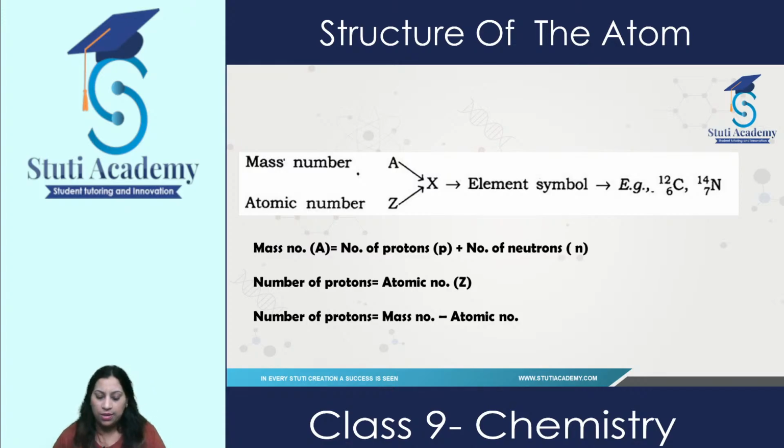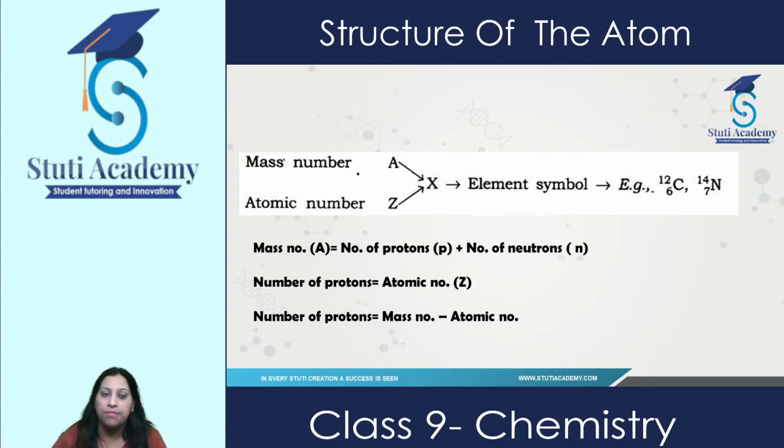Now next is mass number and atomic number. As I told you, mass number is the number of protons and number of neutrons present in an atom, which is present in the nucleus, and that nucleus is present in the center.